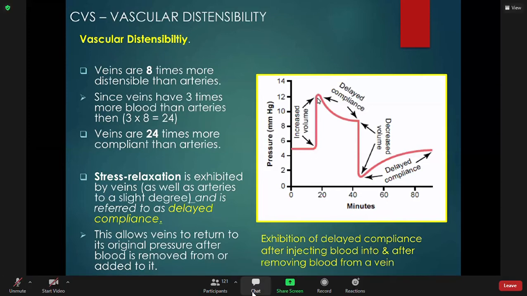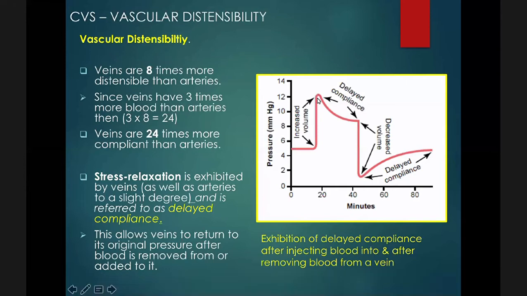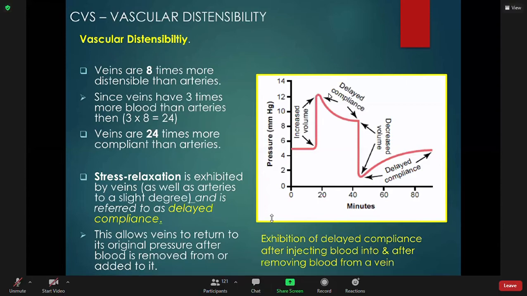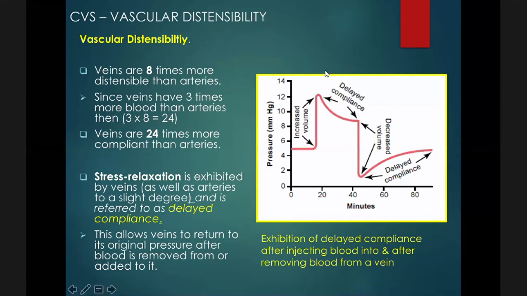Because you increase the volume, the pressure will suddenly increase. Over a period of minutes, let's say 5 minutes, the vessel, the smooth muscles, will relax. And that is the reason why the pressure will decline even if you did not change the volume.